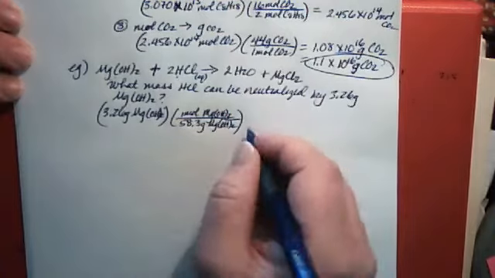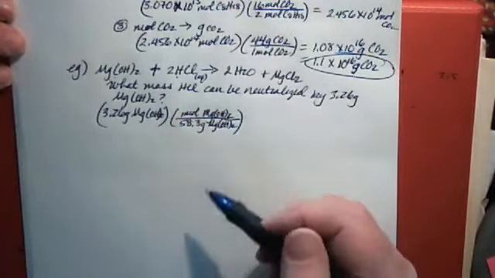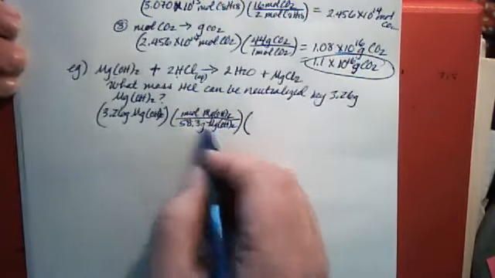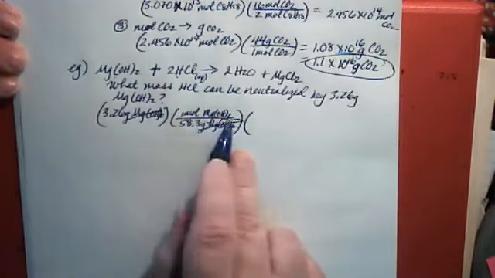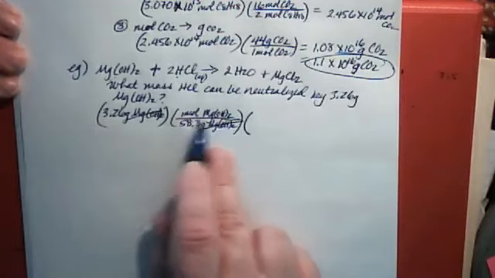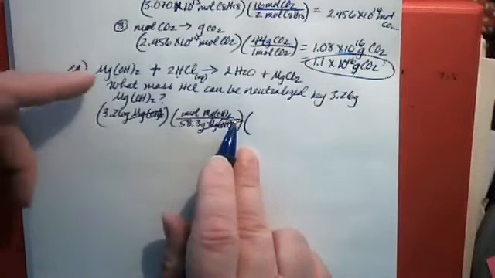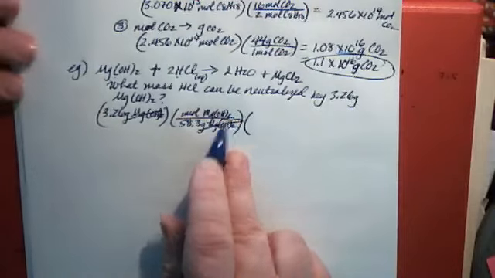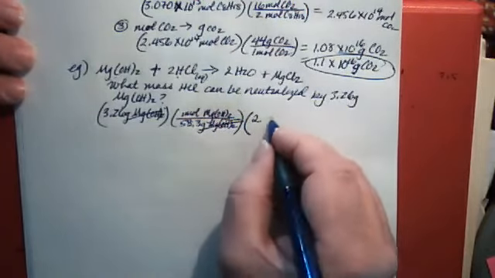And again, you get that by adding up the masses of magnesium and 2 oxygens and 2 hydrogens from the periodic table. Now notice that grams of magnesium hydroxide will cancel out, and we would have moles of magnesium hydroxide at this point. But you don't have to stop and write down the moles of magnesium hydroxide. You can keep on going and change that to moles of hydrochloric acid just by using the stoichiometric ratio from the equation.